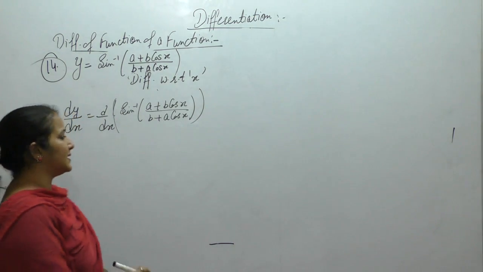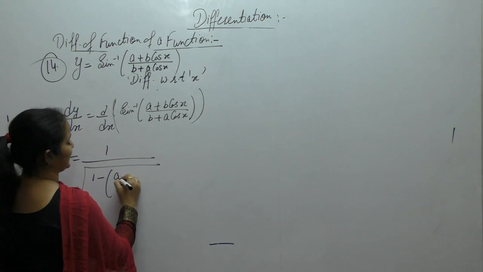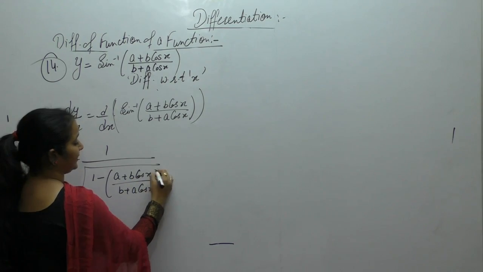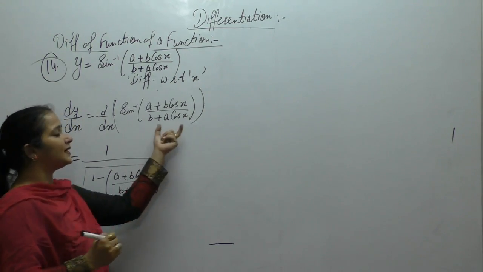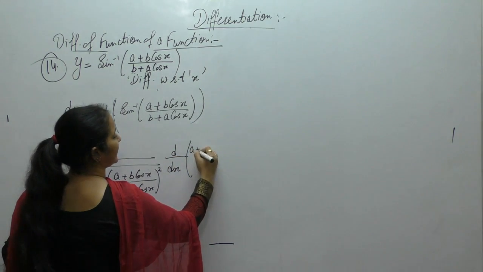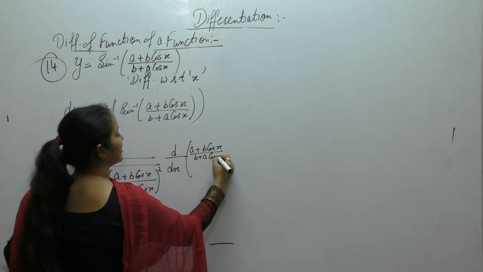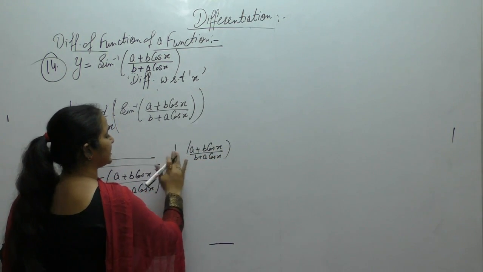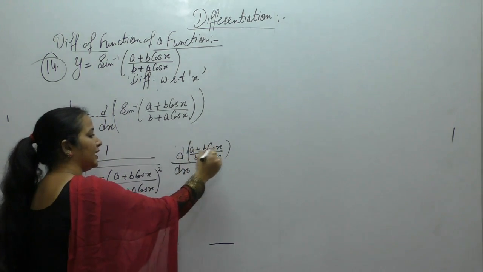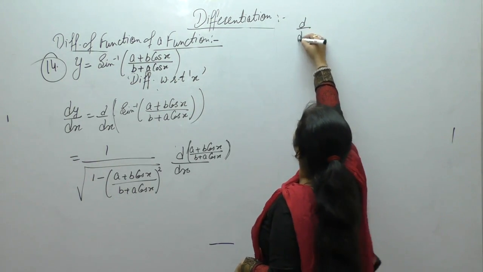Derivative of sin inverse is 1 upon square root of 1 minus x square. Clear? Now this is the term x, so we have to take the derivative of this term also, a plus b cos of x upon b plus a cos of x, with respect to x. Now here we will apply the division rule, derivative of u.